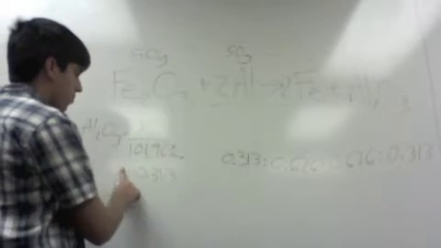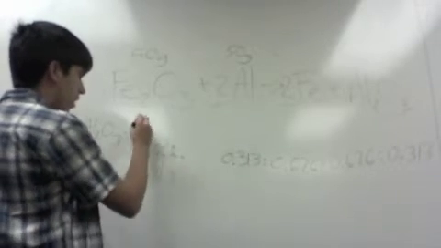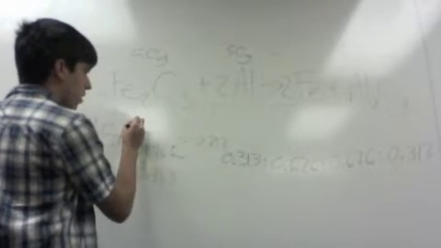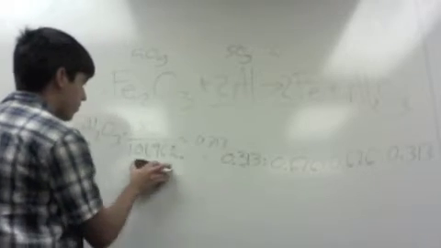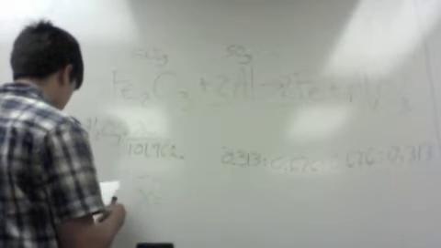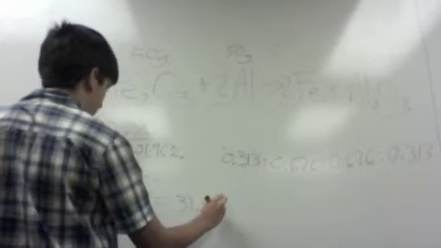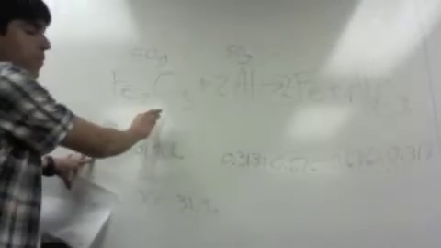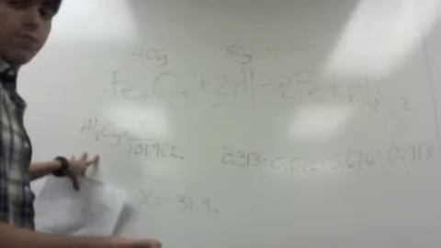So to get the X, of course, we multiply these two together. So X equals about 31.9 grams. So 50 grams of ferric oxide is going to produce exactly 31.9 grams of aluminum oxide.